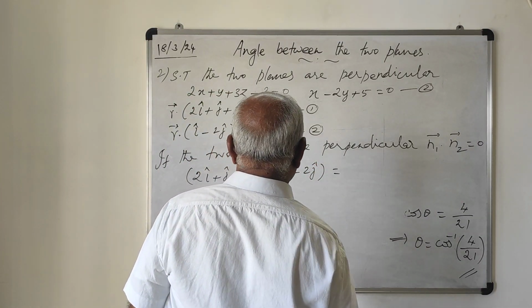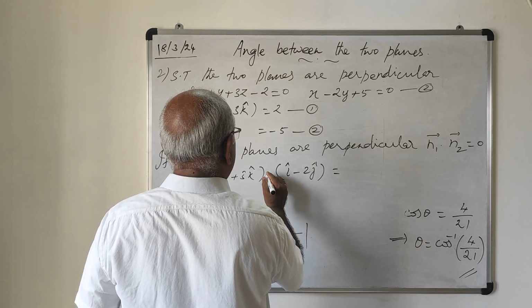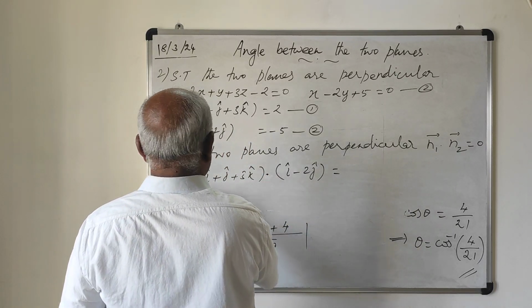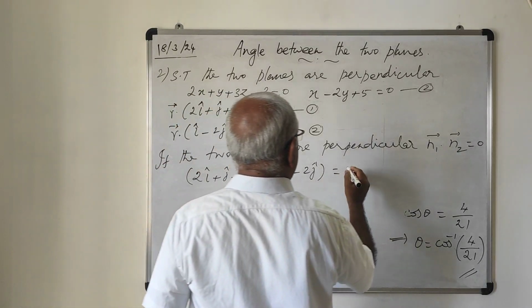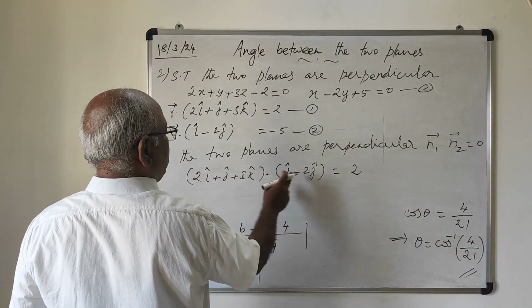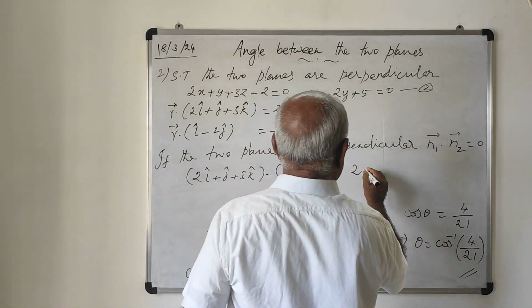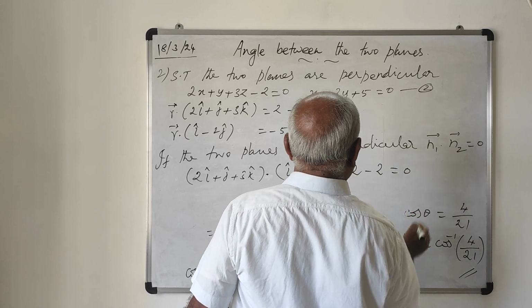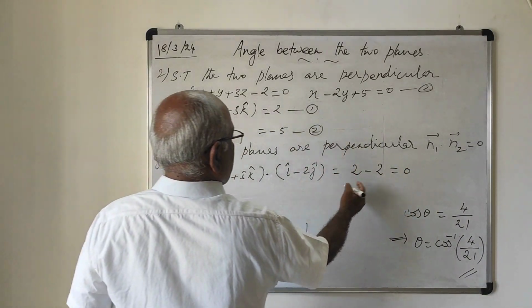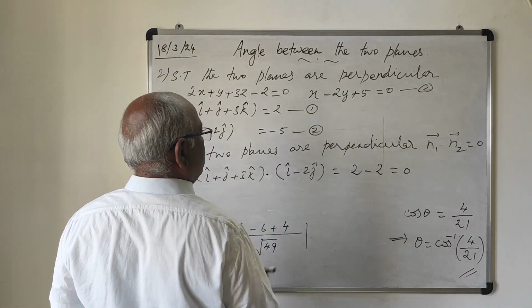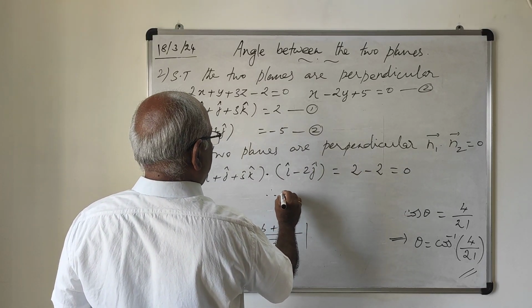That is equal to 2 into 1, which is 2, plus 1 into minus 2, which is minus 2, that equals 0. So 2 minus 2 is 0, therefore the two vectors are perpendicular.